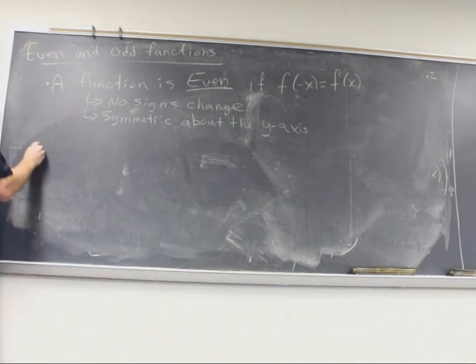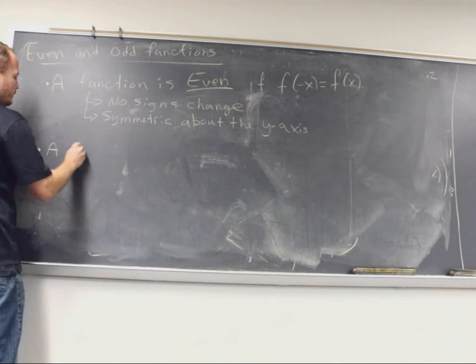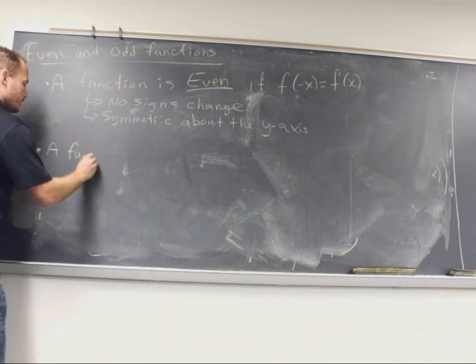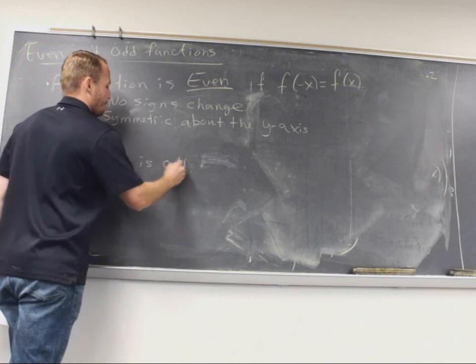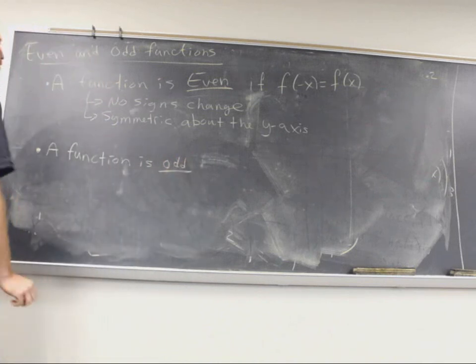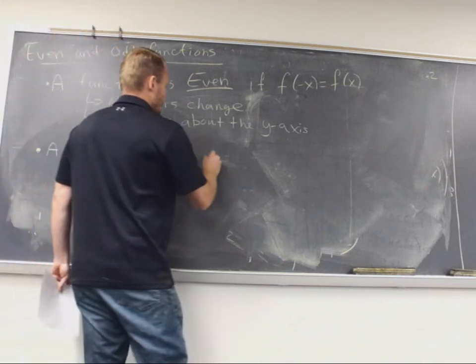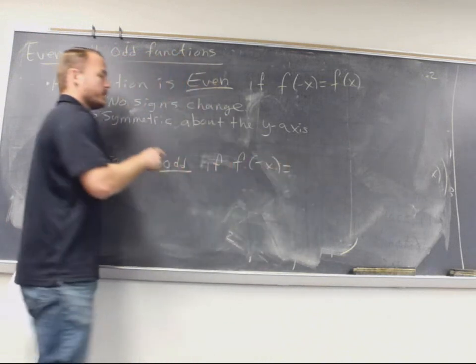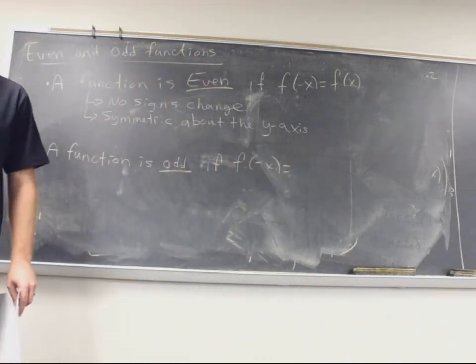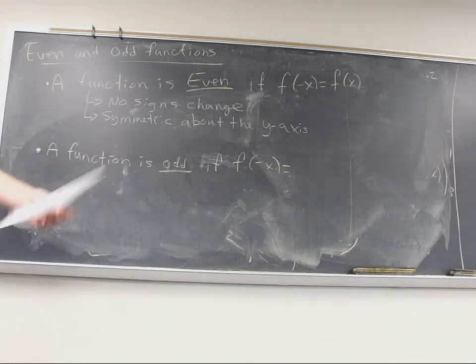The second one is an odd function. A function is odd, that's the definition I'm going for here, if f of negative x, so it starts out the same, you're still plugging in negative x into your function, then you're going to do some simplifying.